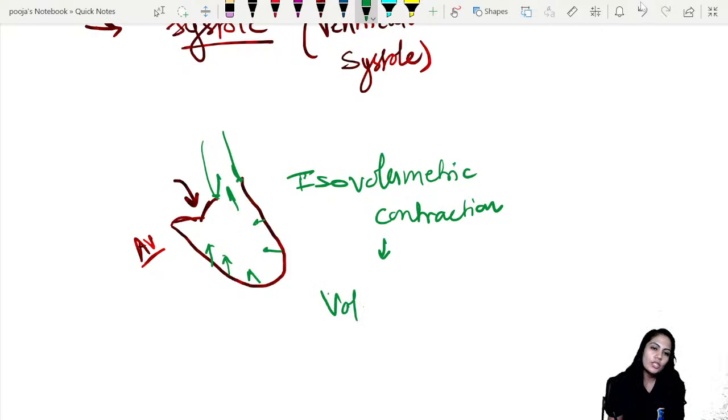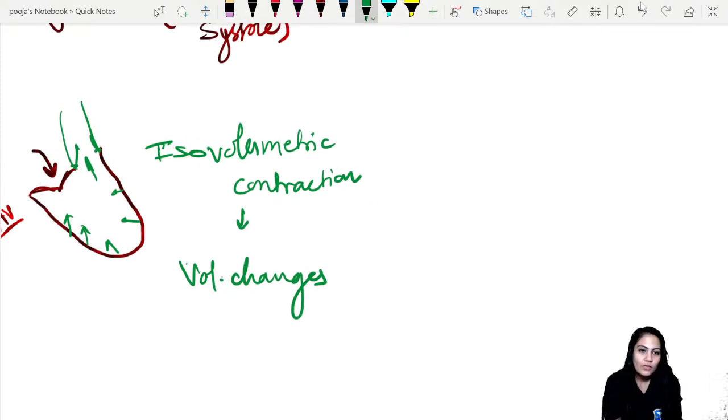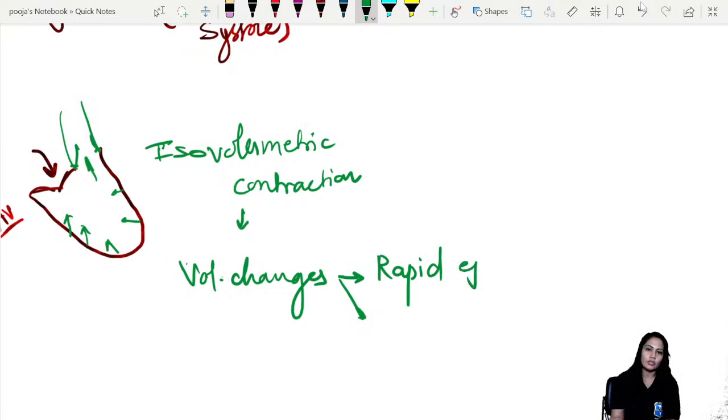Remember, the volume changes happen in two phases. First of all, due to such high pressure, some blood will flow very rapidly, and that rapid flow is nothing but rapid ejection.